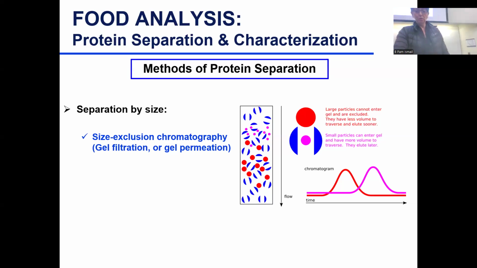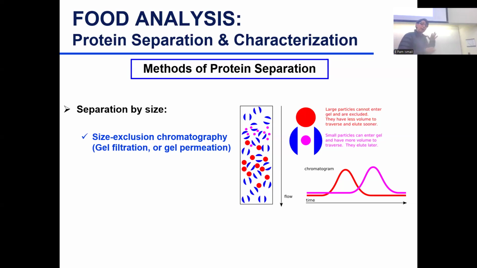So large proteins don't go into the pores. They would just migrate around the particles. If they are small, they will go through the pores and get delayed. So the smallest will be delayed and the largest won't go in and will go with the void volume. And in between, we'll have the intermediate molecular weight.